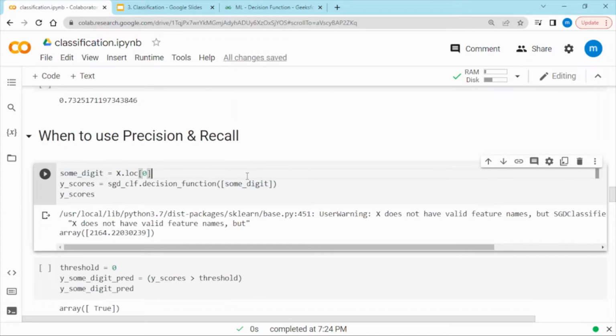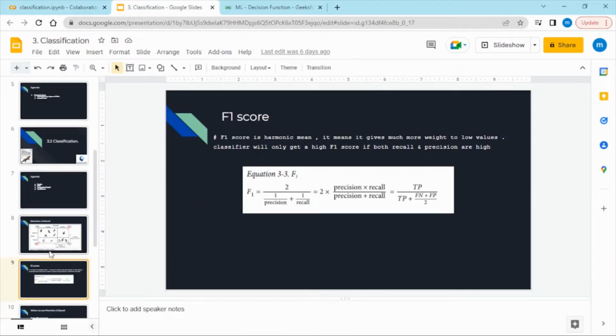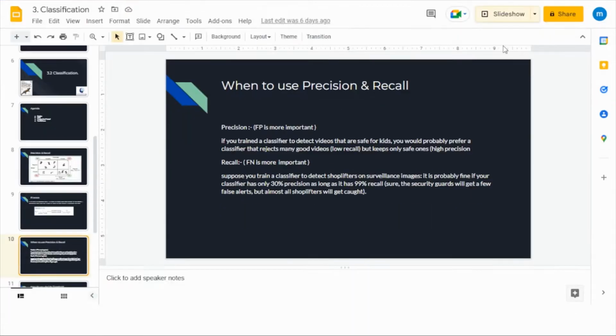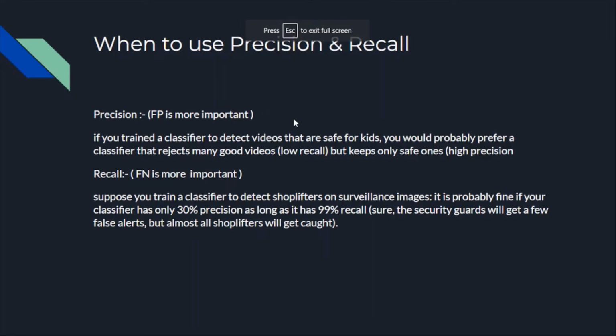Now we understand what precision is and what recall is. But the question is when to use precision and when to use recall. What are the scenarios we consider while selecting precision or recall? Let's look at some examples. But before that, there is a simple way to select.